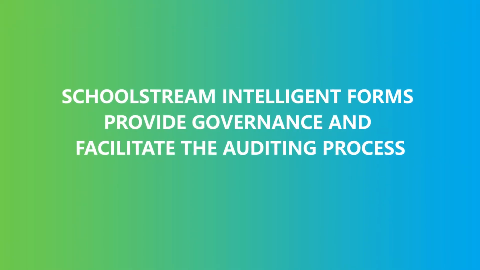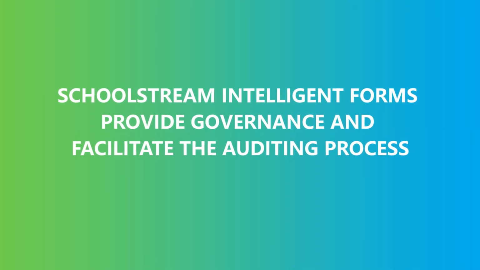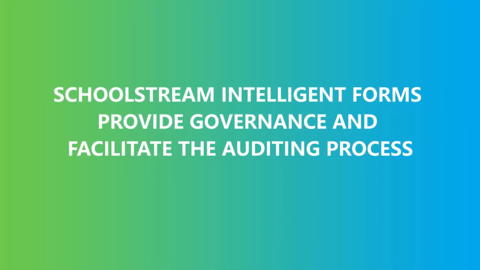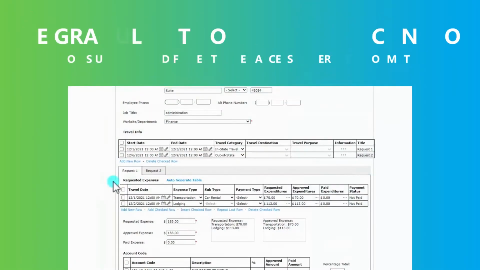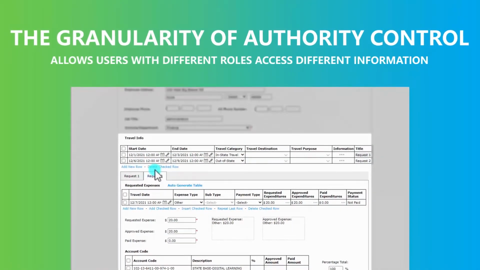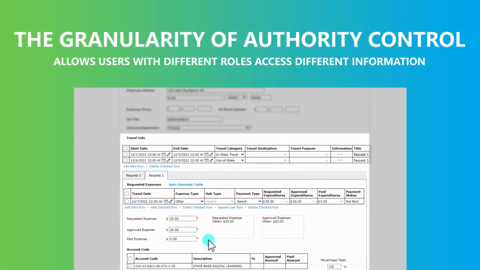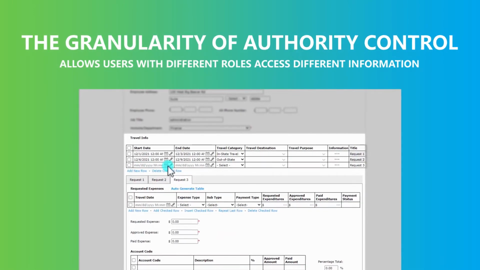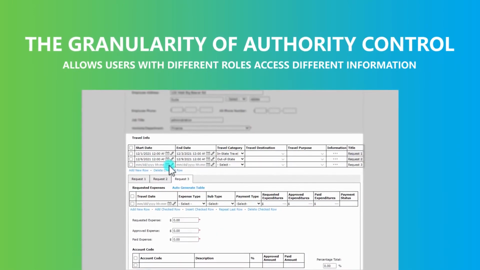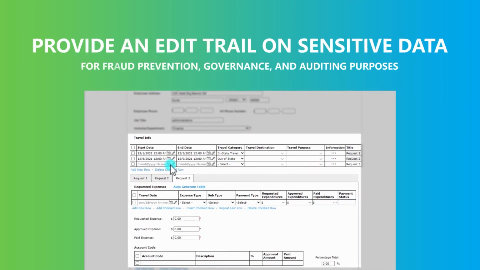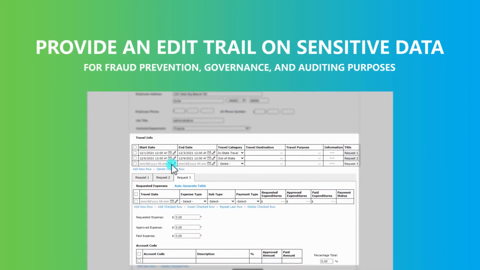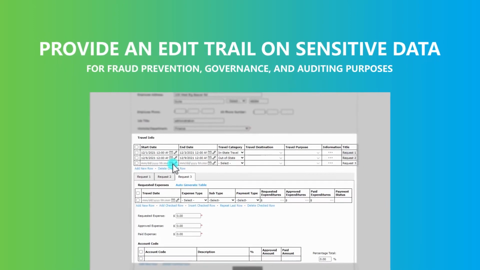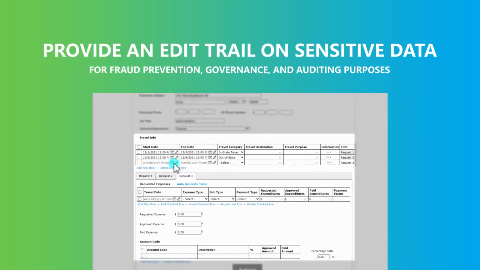Schoolstream Intelligent Forms provides governance and facilitates the auditing process. The granularity of the Schoolstream authority control allows users with different roles to access different information of a form or a package. It can also provide an edit trail on sensitive data for fraud prevention, governance, and auditing purposes.